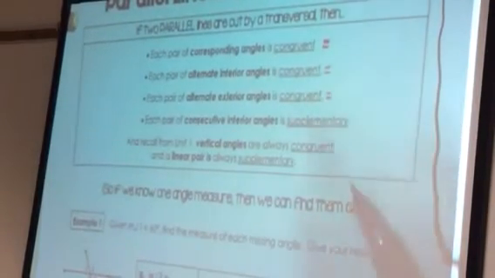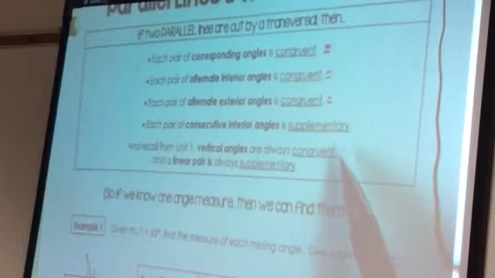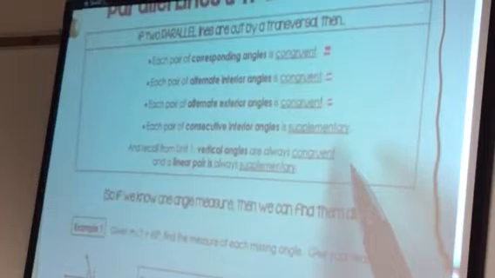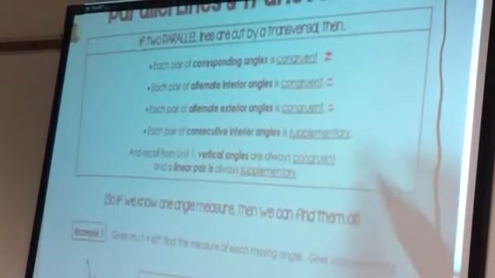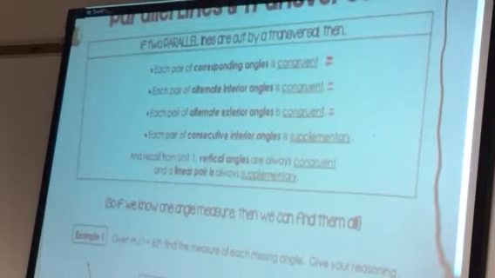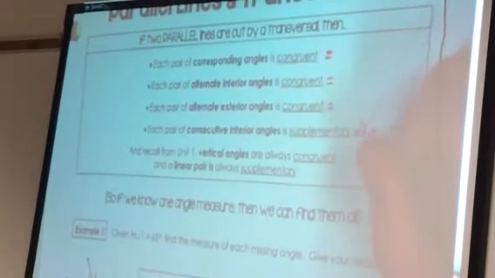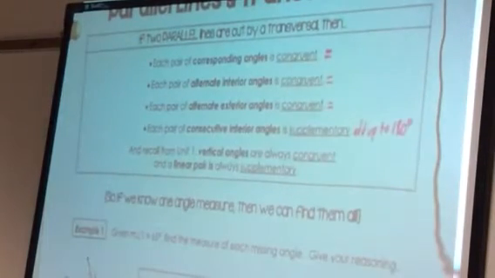Now, if I have consecutive interior, that says that they are supplementary. What does that supplementary word mean again? What does supplementary mean again? It means they add up to 180 degrees.